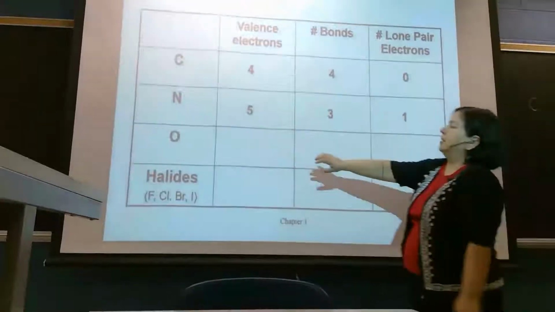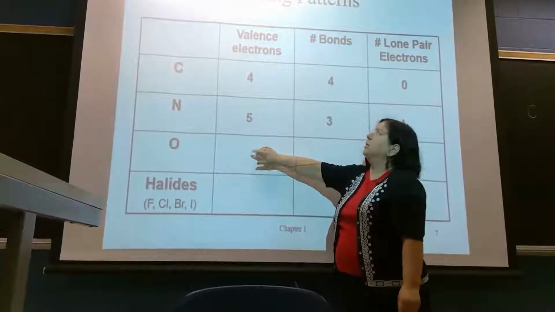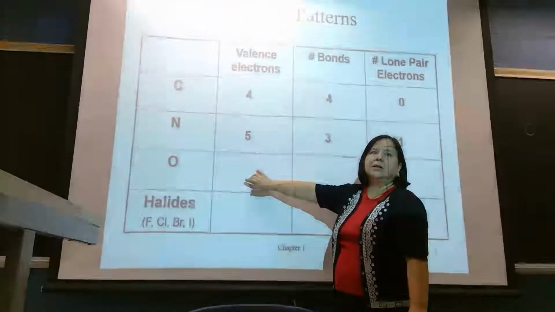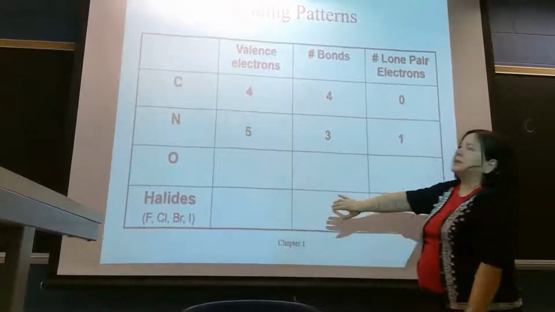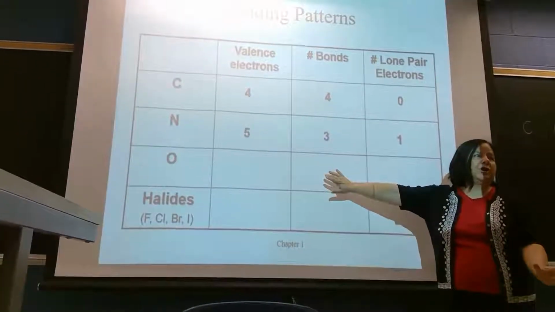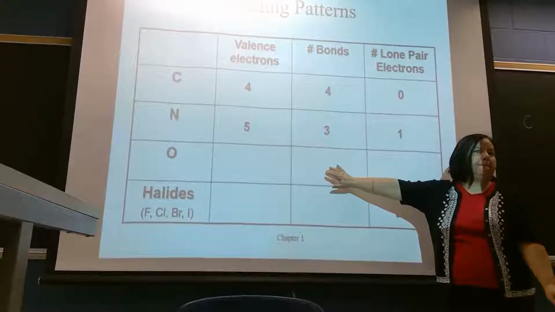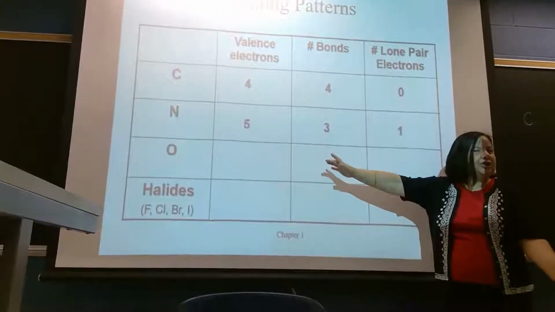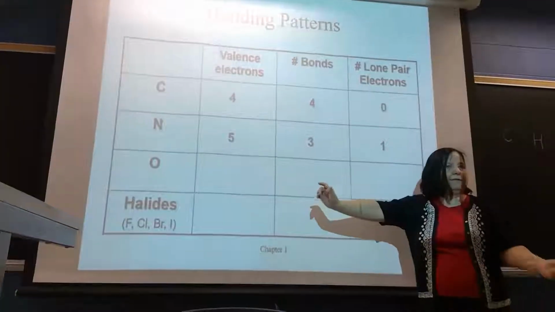Oxygen. What's the number of valence electrons? 6. And the number of bonds neutral oxygen will have: 6, so we need 2 to have 8.